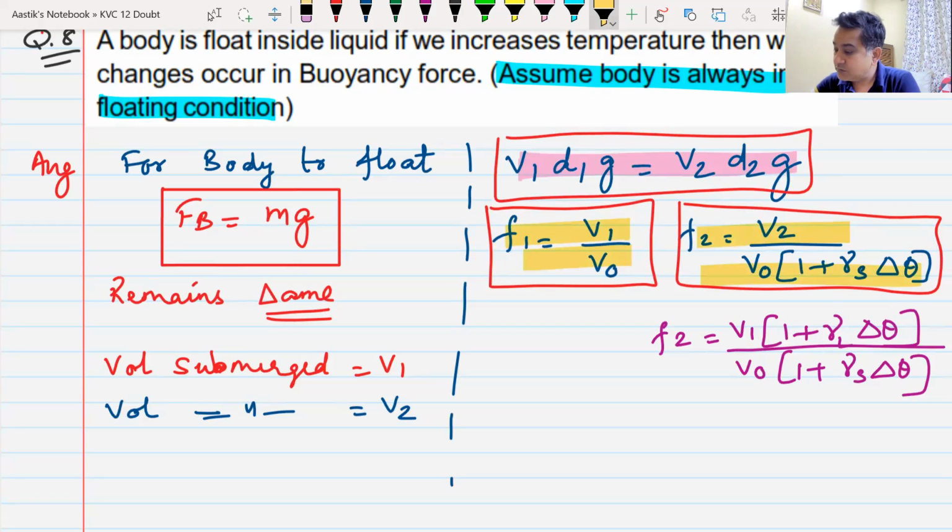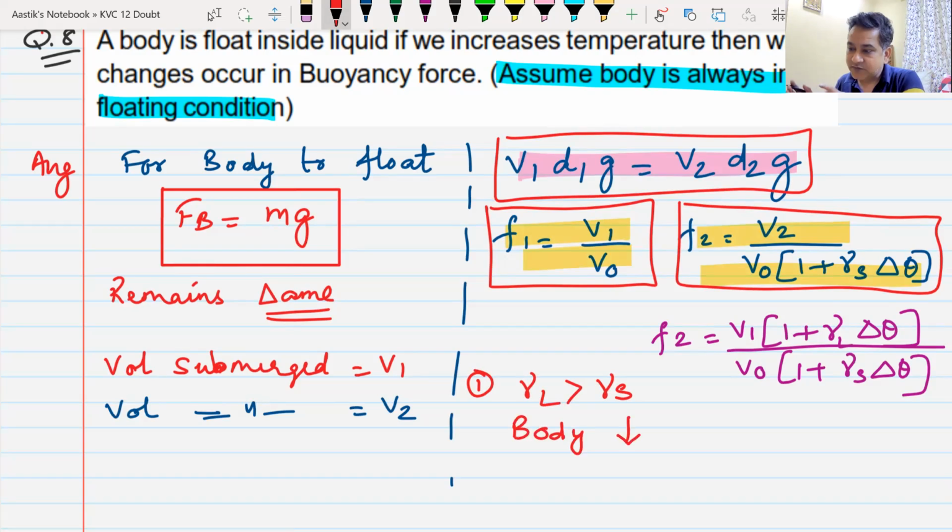If I give you a hint from this, if gamma L is greater than gamma S, the body will move downwards. Just remember one thing, and the rest of the things will automatically come. If gamma L is greater than gamma S, the body will go down.